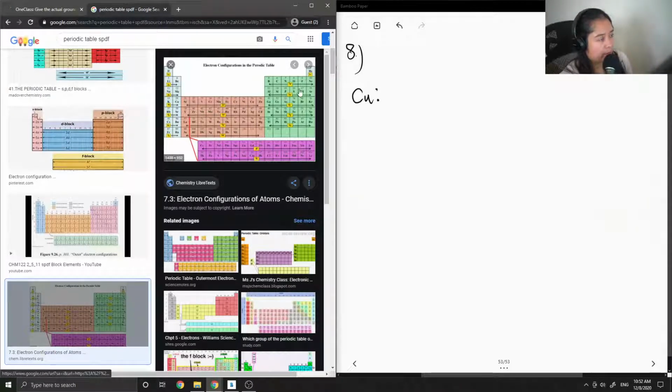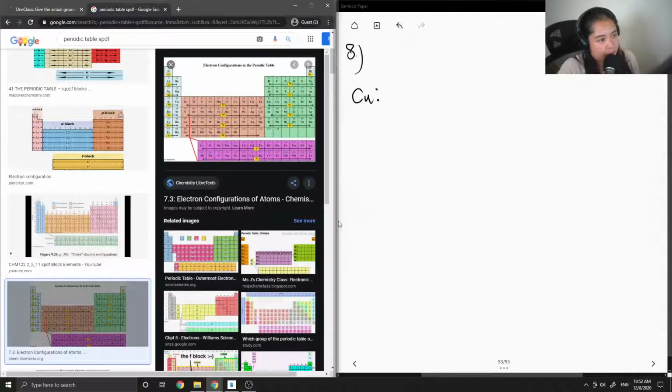Okay, so as we move down the periodic table, we want to first write down our row number, and then we want to write the block letter, so whether it's S, P, D, or F. But once we get to the D block, it's going to be the row number minus 1, and when we get to the F block, it's the row number minus 2. So this will make more sense once I start showing how to find the electron configuration of copper.